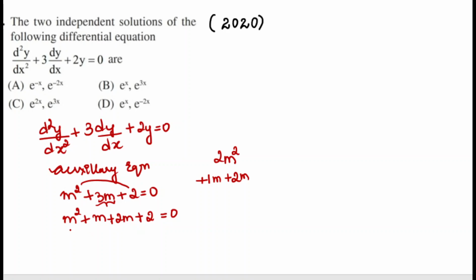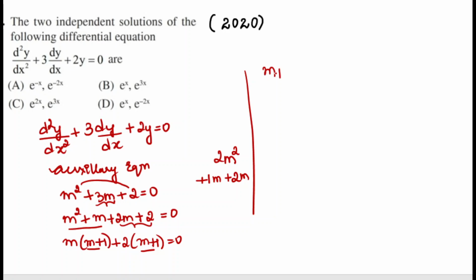On rearranging the terms, I'm going to take m common from the first two terms and 2 common from the others, that is m into (m plus 1) plus 2 times (m plus 1), which is equal to 0. Again taking the common factor (m plus 1), the remaining is m plus 2, so (m plus 1)(m plus 2) is equal to 0. On equating it to 0, we got the roots m equal to minus 1 and m equal to minus 2. These are the roots, I'm calling them m1 and m2. The roots are real and distinct.